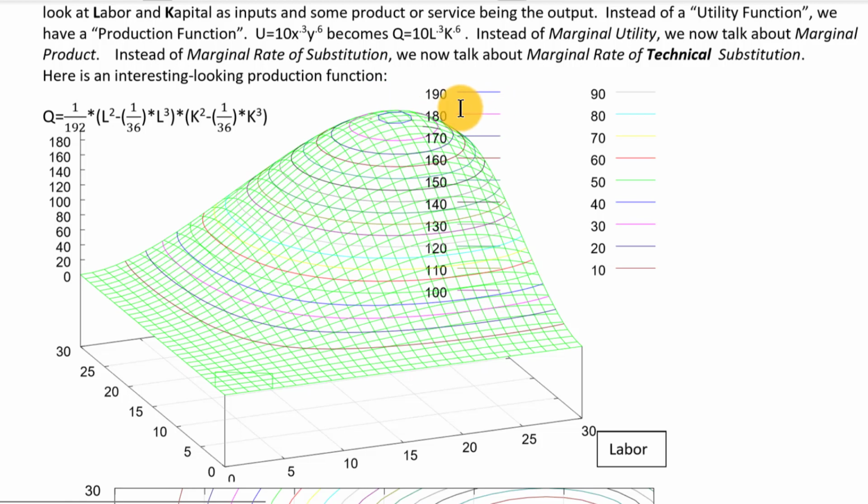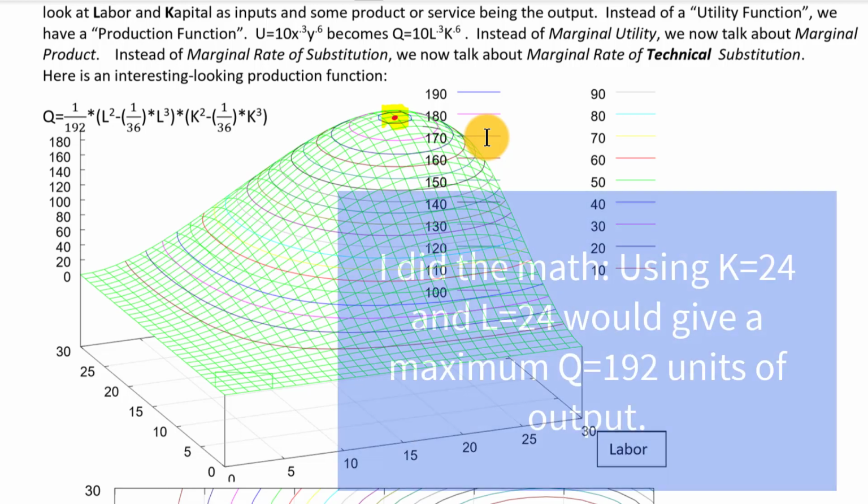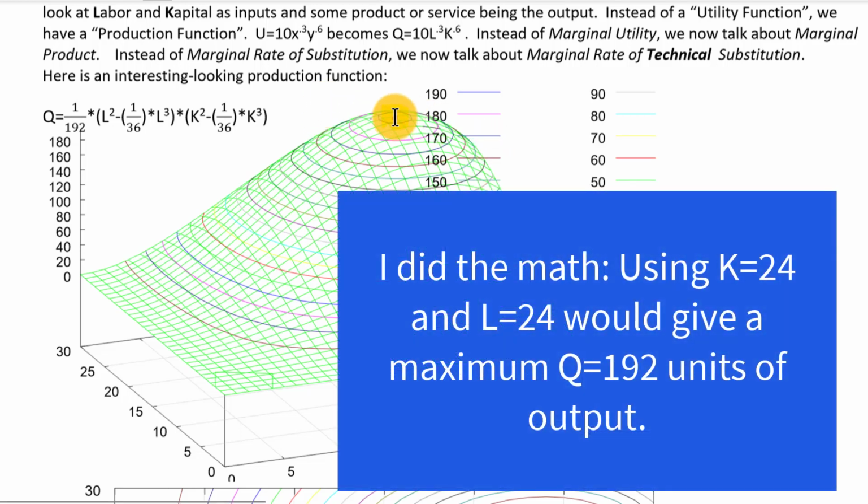If we look at this circle up at the top, this little blue circle, that is the isoquant for 190 units of output. Now, the actual maximum is probably slightly higher than 190. Right at that red dot in the middle is probably maybe 191 units of output or something like that.